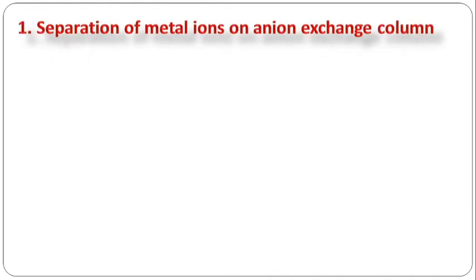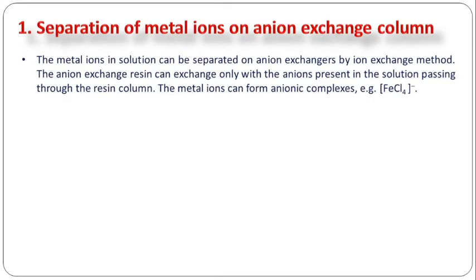So first we will start with the separation of metal ions on an anion exchange column. The metal ions in a solution can be separated on anion exchangers by the ion exchange method. The anion exchange resin can exchange only with the anions present in the solution passing through the resin column.